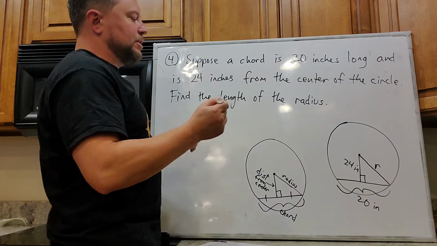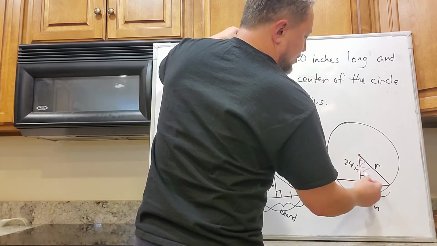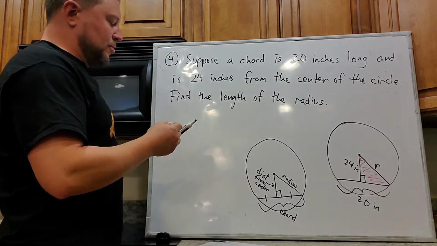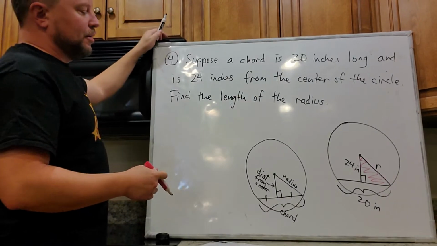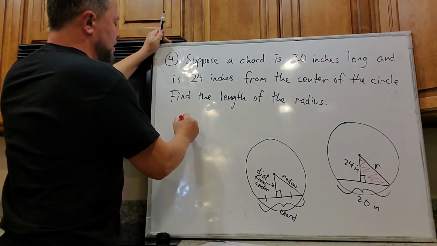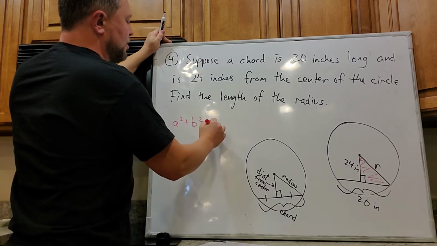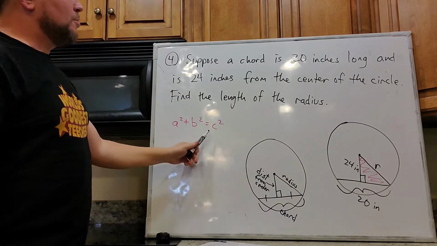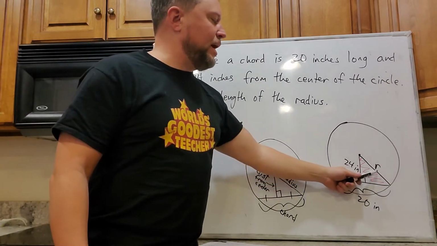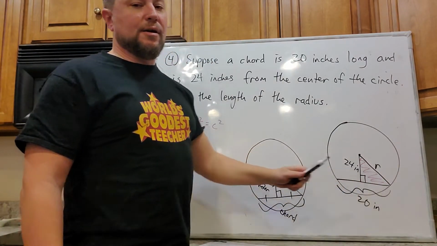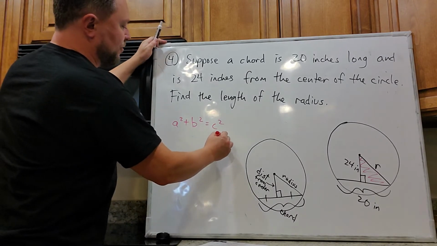Okay, so like we just did earlier, I want you to notice it makes a right triangle, which means we're going to get to utilize the Pythagorean theorem. I'll do that over here on this side. a squared plus b squared equals c squared. Remember, the hypotenuse is c, and it's always across from the right angle, so it's the radius here. So that's what we're trying to find, the r.